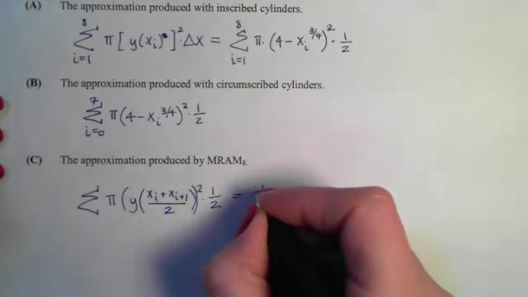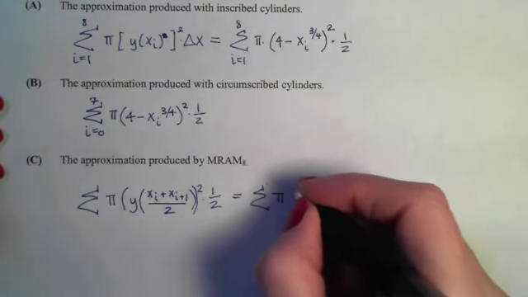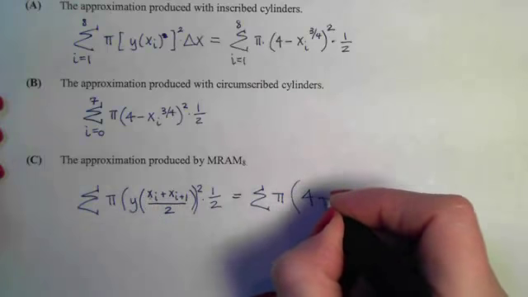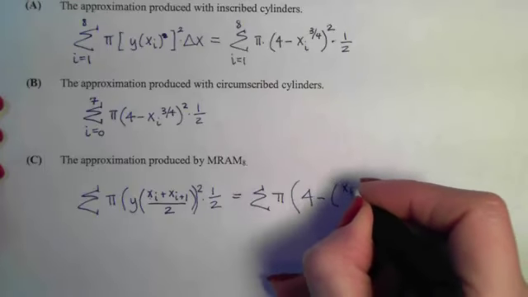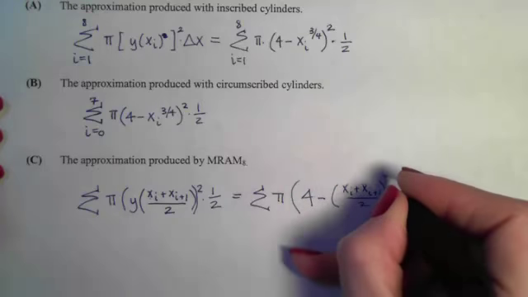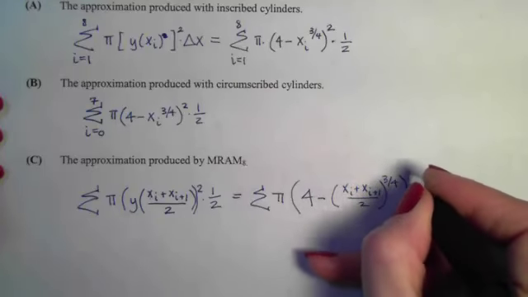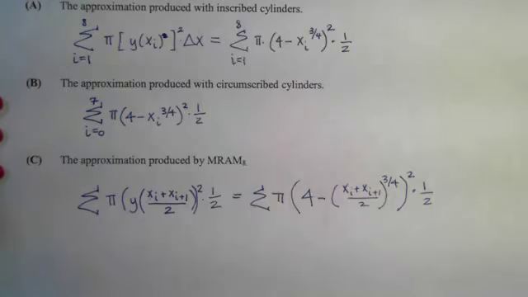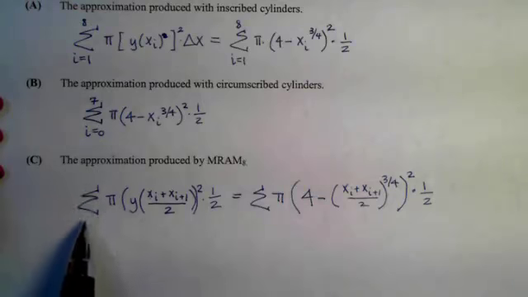So if I finish that up, it's going to be a pi times, I want to plug that into the original function, so that's a 4 minus this messy x coordinate raised to the 3/4, and then I square it and multiply by delta x. So the only thing remaining is to figure out what these should start with.